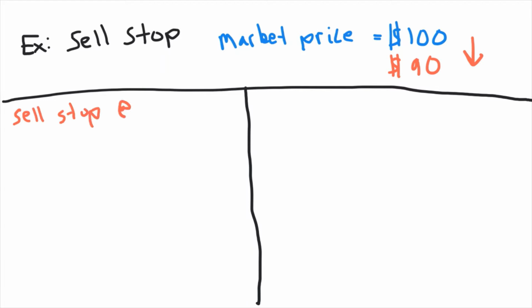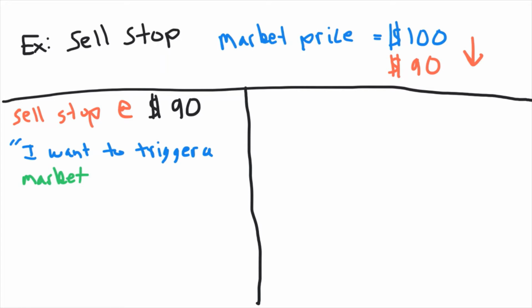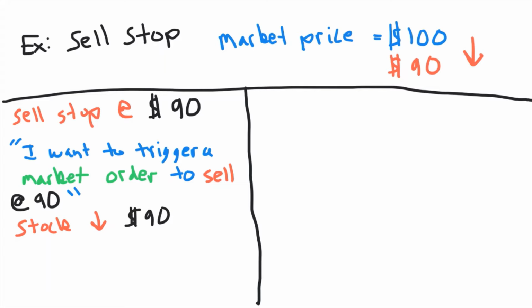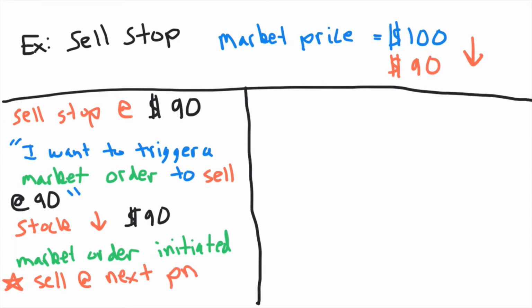If it's a sell stop order at 90, then we're saying to the market, I want to trigger a market order when the stock price drops and trades through $90. And so that means if the stock price drops and trades through $90, then we will initiate a market order to sell, and that will sell at the next available price.